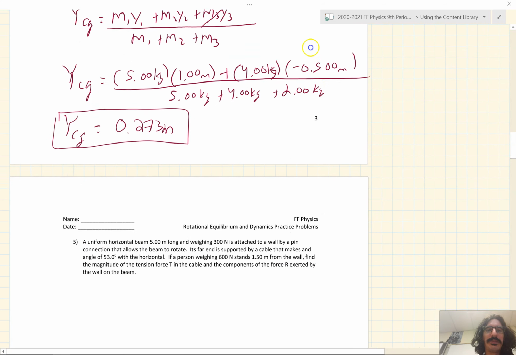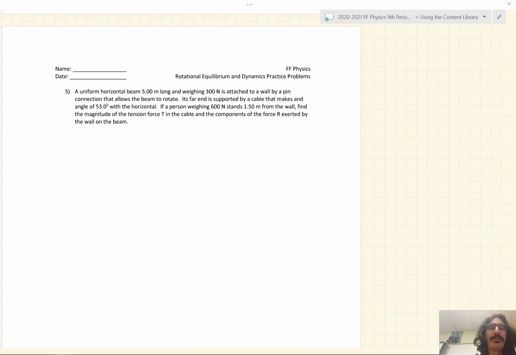Next question. Number 5. A uniform horizontal beam 5 meters long and weighing 300 newtons is attached to a wall by a pin connection that allows the beam to rotate.